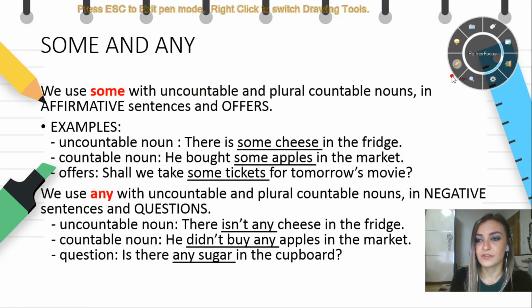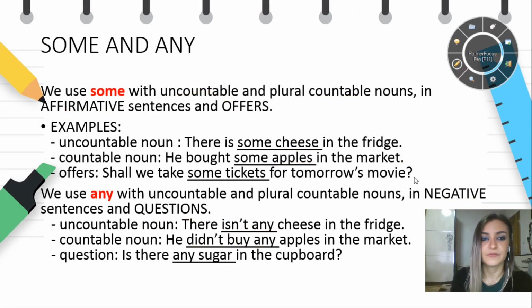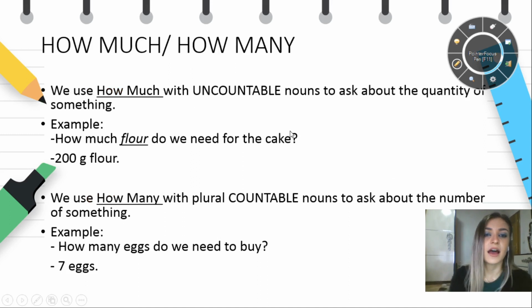Let's move on to the next slide. How much and how many also have their importance, like some and any. How much and how many are used to ask about the quantity of something. So these are used to make questions about countable or uncountable nouns.